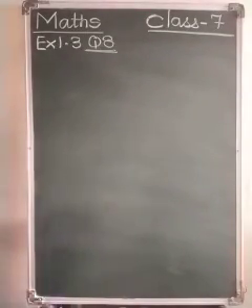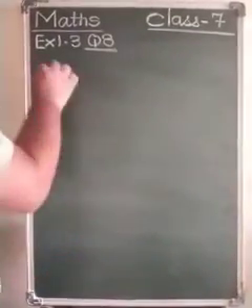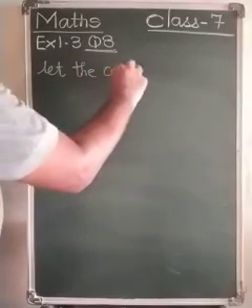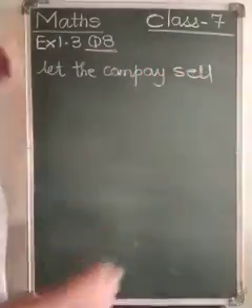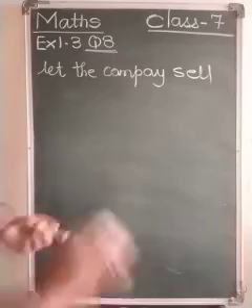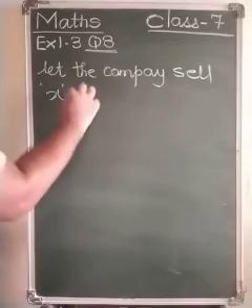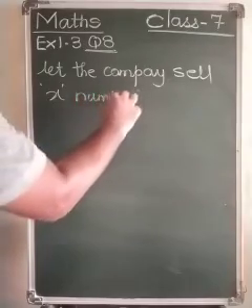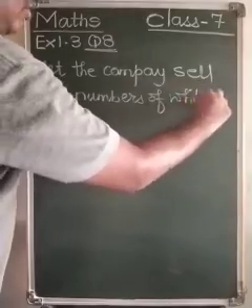Now we don't know how many white bags are to be sold, so for that we will take the variable. Let the company sell... Now variables can be taken any variables from A to Z. So in general we take, let the company sell x numbers of white bags.